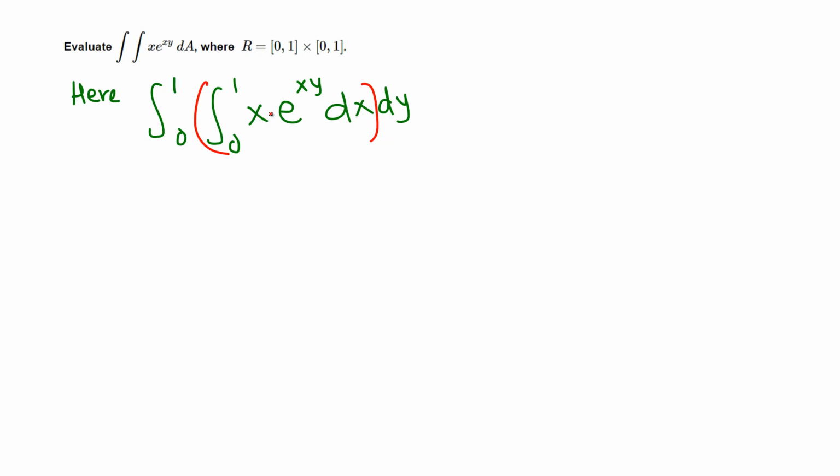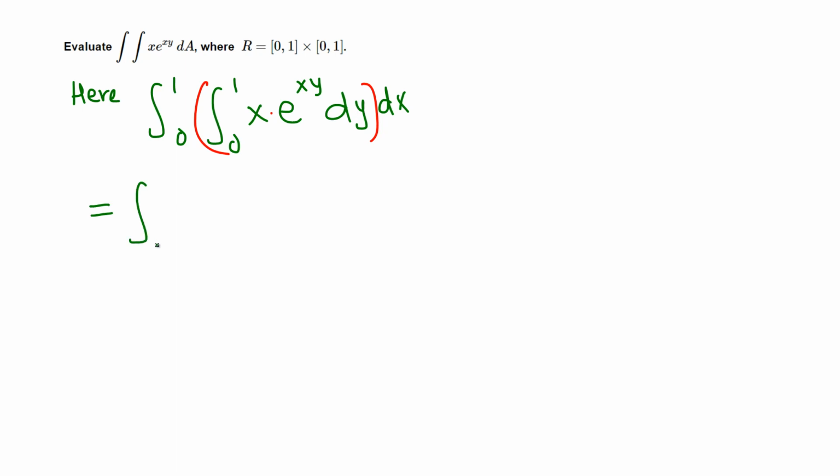That means we got a product, so integration by parts. But if we do y first, then this x behaves like a constant, and we have only one factor of y, and the integration will be easier. Okay, so let's do this, writing y first.